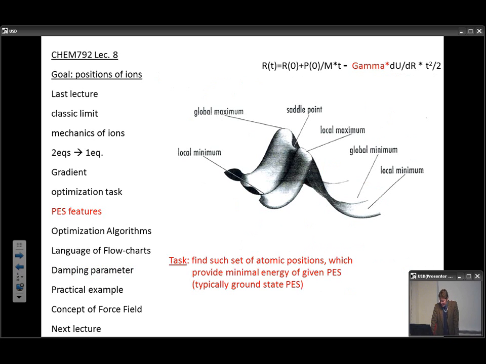So here I have copy-pasted one of the images of potential energy surfaces, which is 2-dimensional in this cartoon. And potential energy surfaces may have several features, and if we are looking at complicated cases, we may need to take all of them into account. So there are possible maxima, there are possibly several minima.